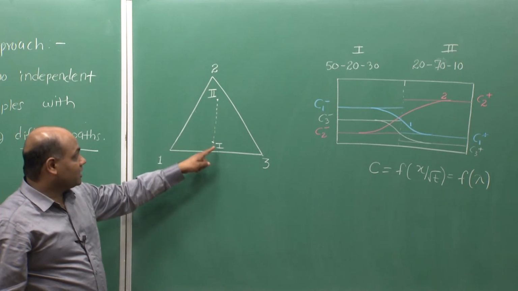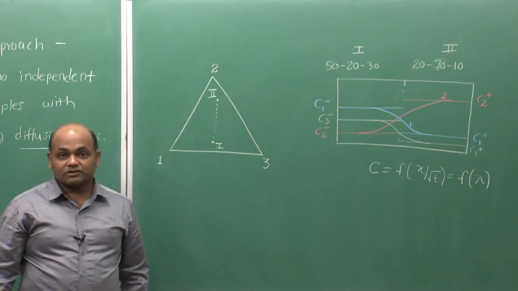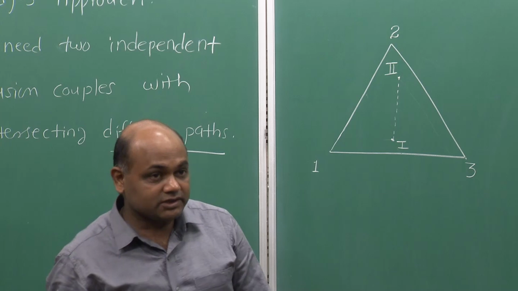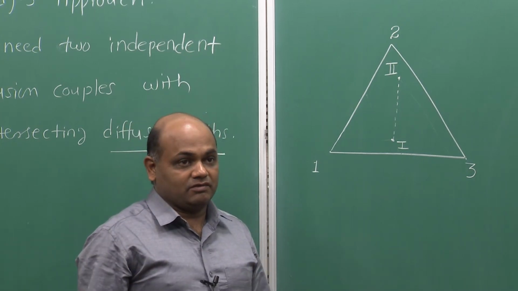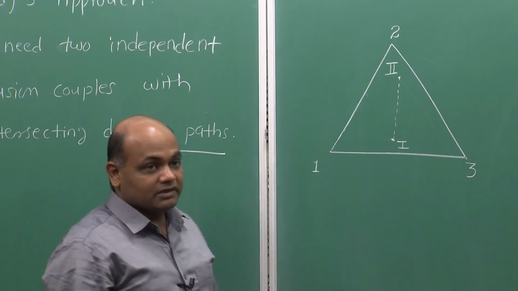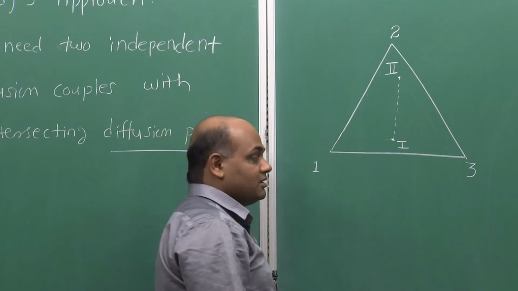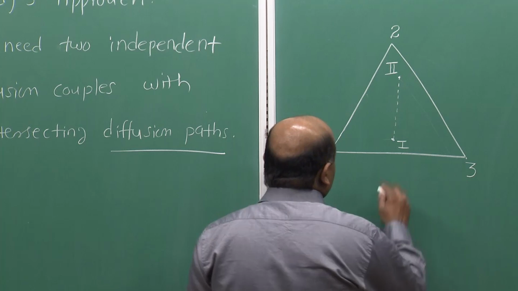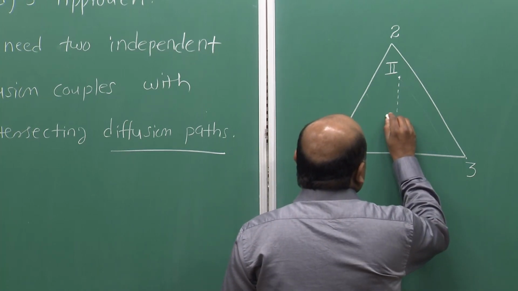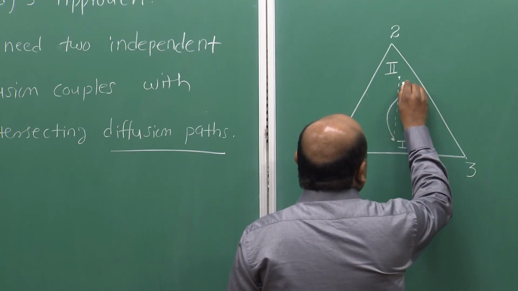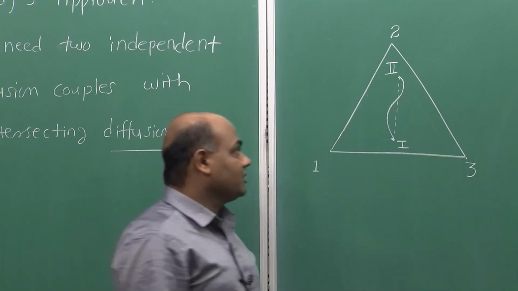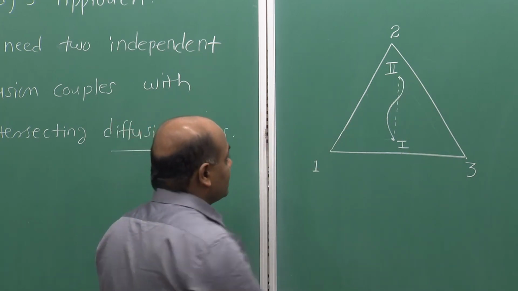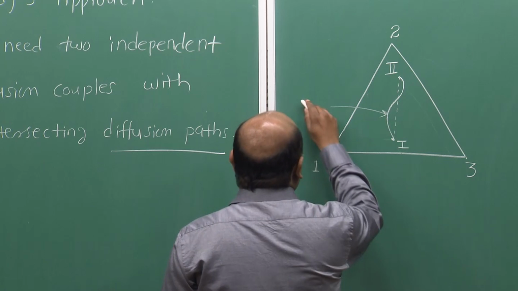One may tend to think that it will follow this straight line joining the two terminal alloys, but it is not the case. We will find typically this sequence of composition, if plotted on a ternary isotherm, takes the shape of S. So, the diffusion path is typically an S shaped curve.